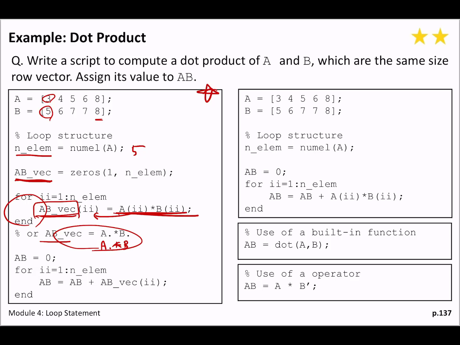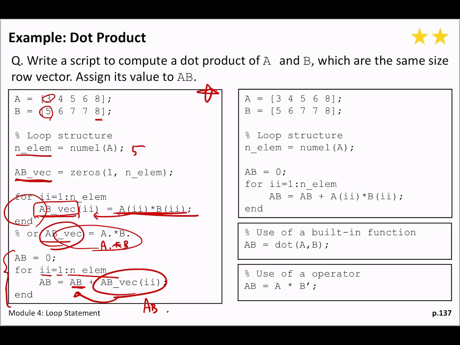Then we make another loop structure to sum up all elements in the ABVec variable. We already learned about this one, right? We designed i from 1 to n elements, then read the value and add those values to the AB variable. So finally, we get the AB.